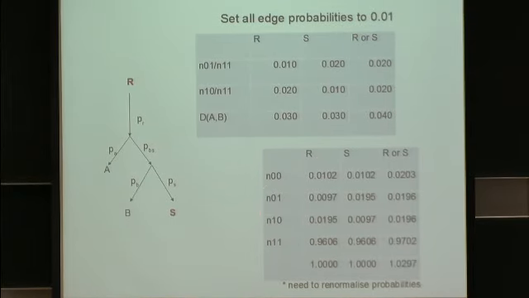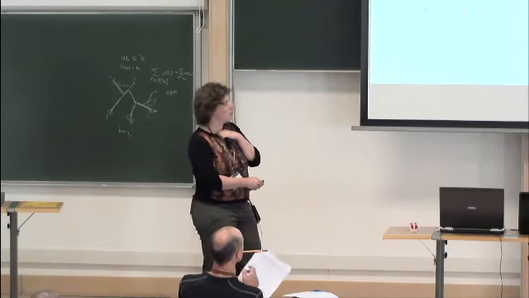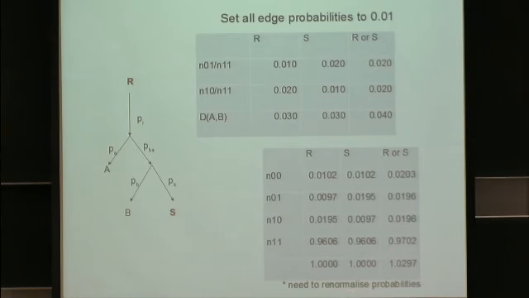If you consider your probabilities of seeing any of those different patterns, this should really be P rather than N. If you look just with respect to reference taxon R, you get things nicely summing to 1. If you look just with respect to S, you get things nicely summing to 1. But if you consider all of them, then your probabilities are no longer actually probabilities unless you renormalize.